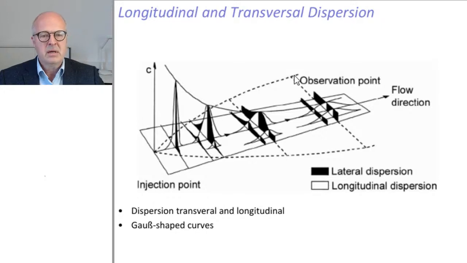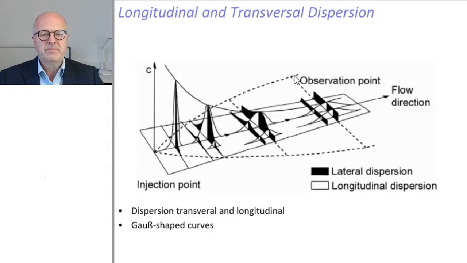And this dispersion downstream of the injection point occurs over the depth of the river, first of all, over the width of the river, which is the transversal dispersion, and then along the river. As a result of dispersion, the peak concentration will drop. So you see that the initial peak will get smaller and smaller because it's dispersed over the depth, width, and finally length of the river.